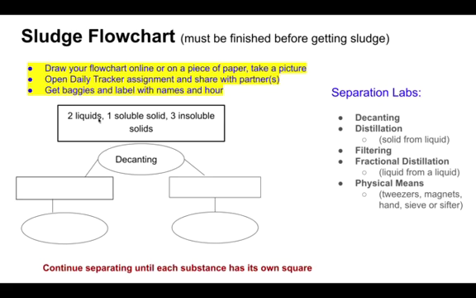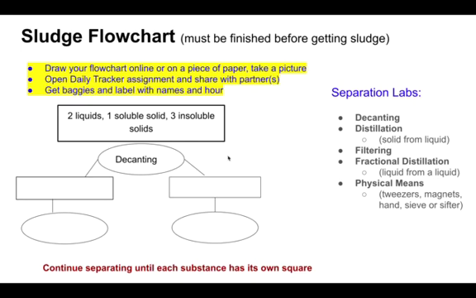So basically, if you decant these things, what's going to end up in one container, what's going to end up in another. You will continue filling this out until each substance has its own square. I will be providing a video showing a sample of how to do this and this slide as well so that you can work on this flowchart. That is what you need to have done after you finish all of these videos today.